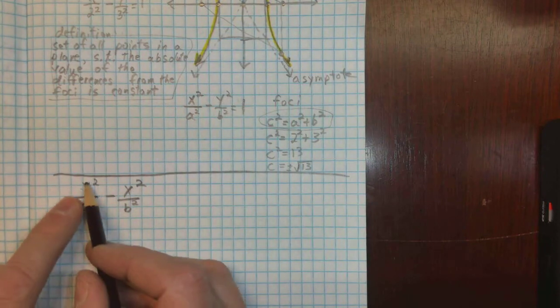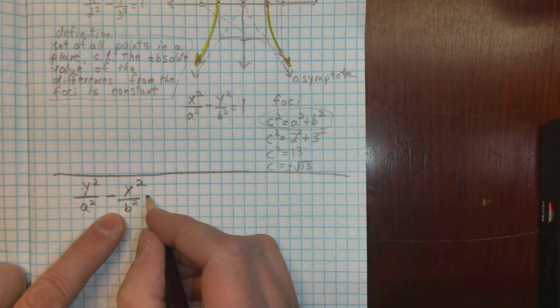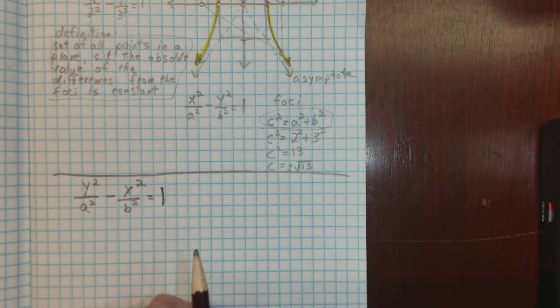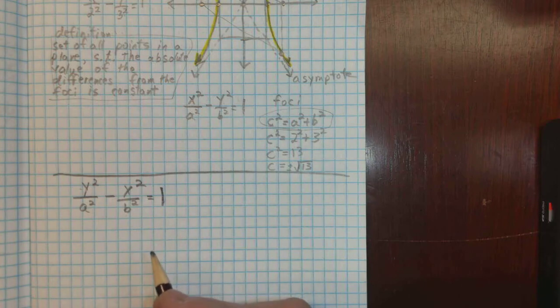And this B will stay under the negative variable. It'll help us a little later.